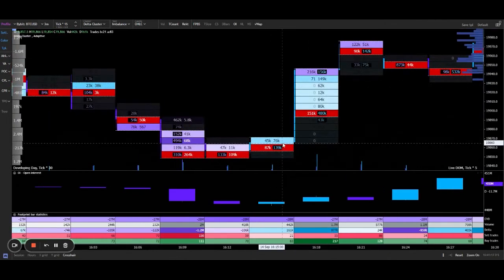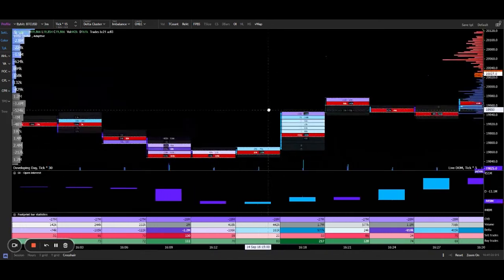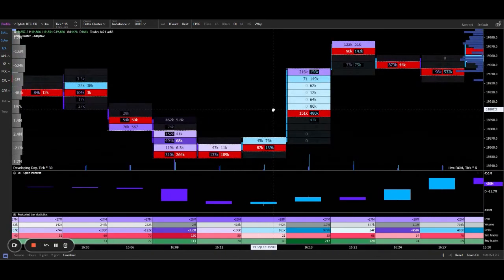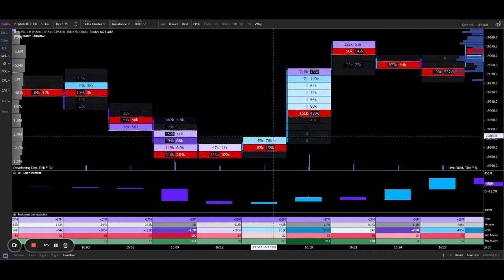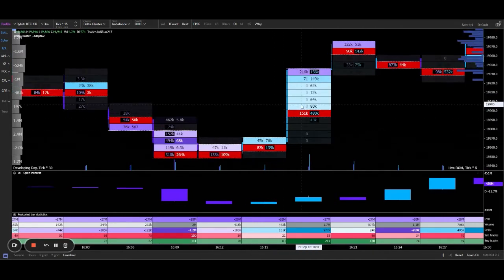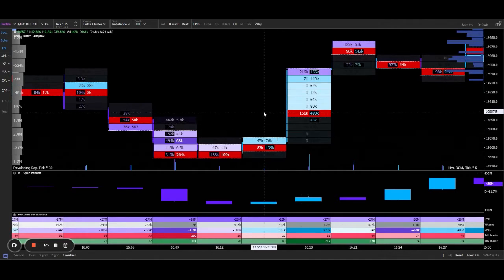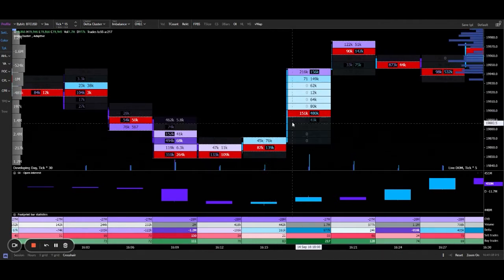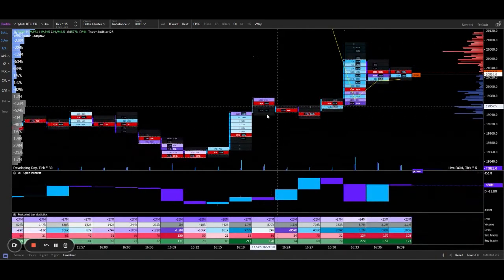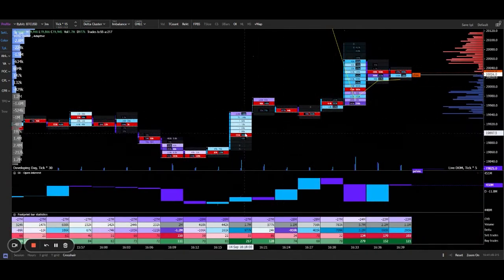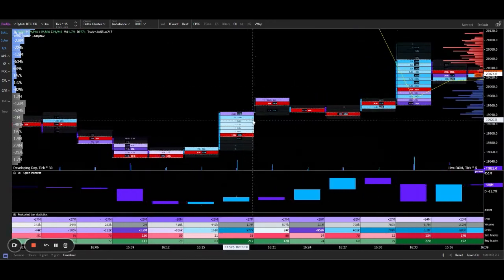Again, we're just looking at the bright part in the candle right now, and that is the 68% of the total volume that's transacted within the candle. So what does this mean? Well, you can see when we had this gap up in price, it led to a higher price. As you can see right now, we are pumping quite strongly.